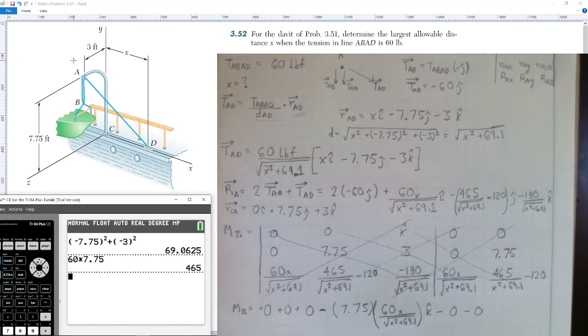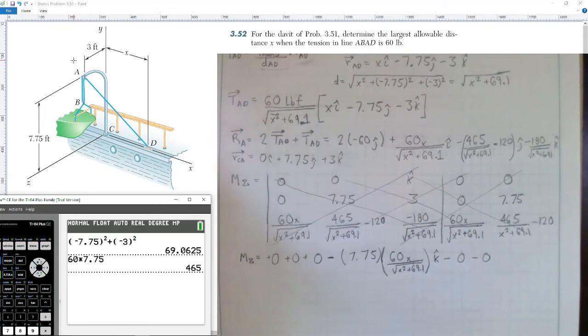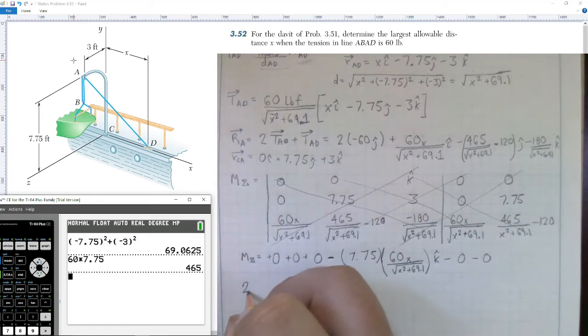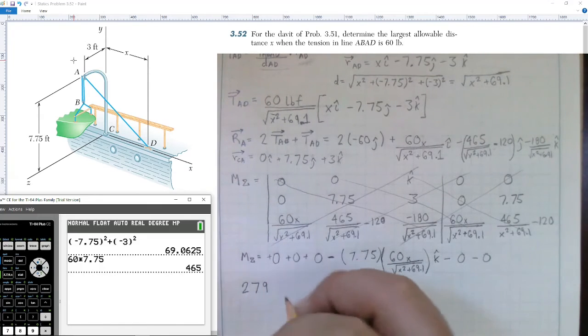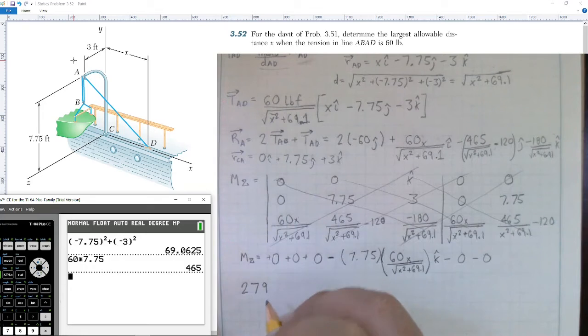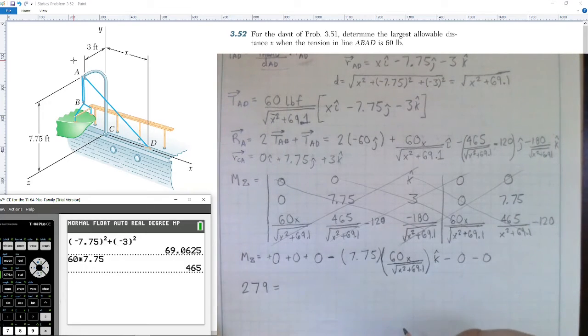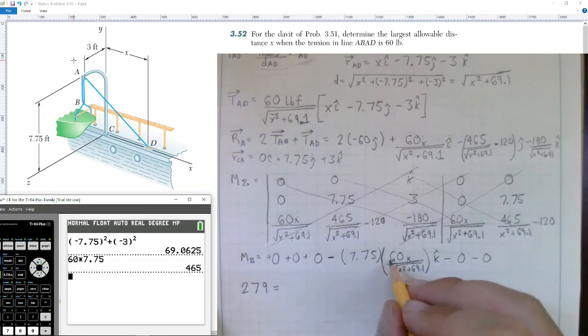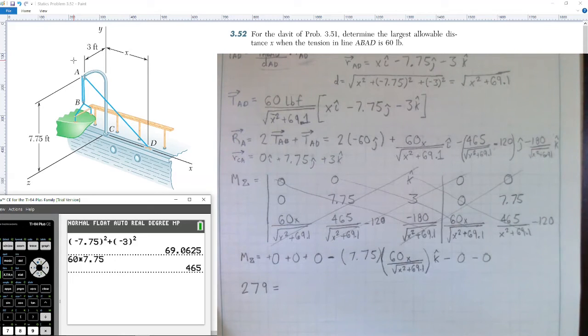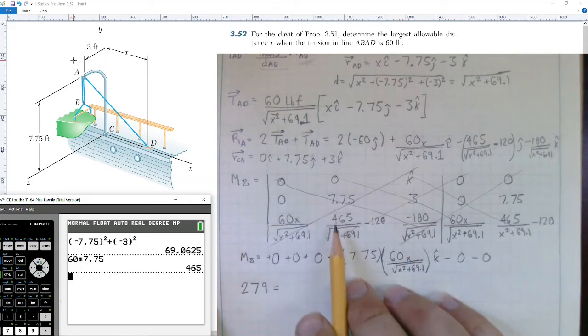Okay, so now to finish this problem off, we require a little bit of algebra. We know this moment force, they told us, is 279 in problem 351, which is where we're sourcing this problem from. That's equal to, we multiply these two values together, 7.75 times 60. I believe we've already done that before. I believe we got 465.